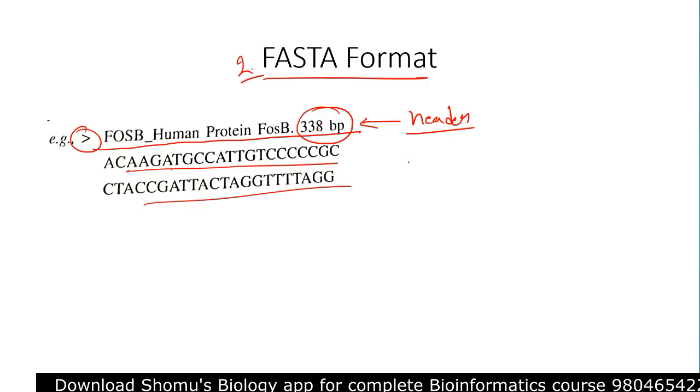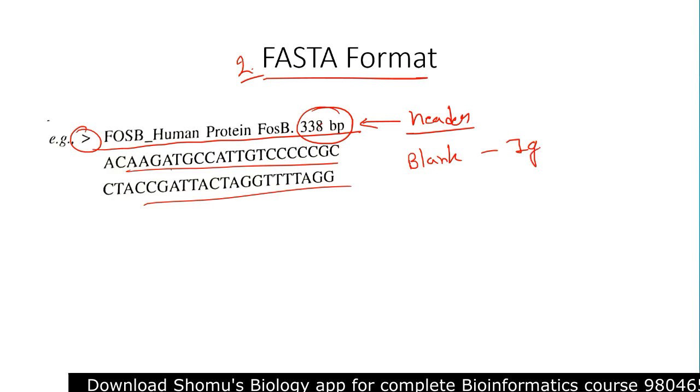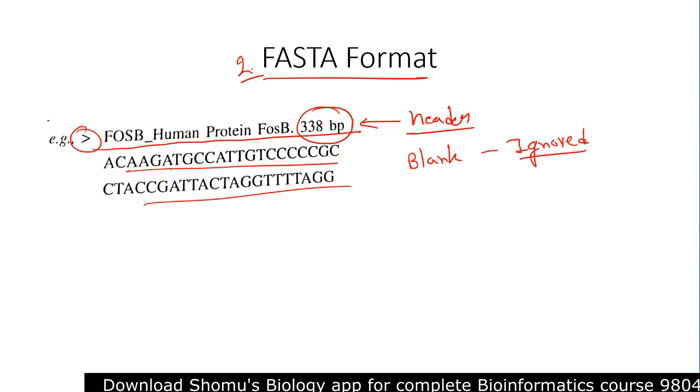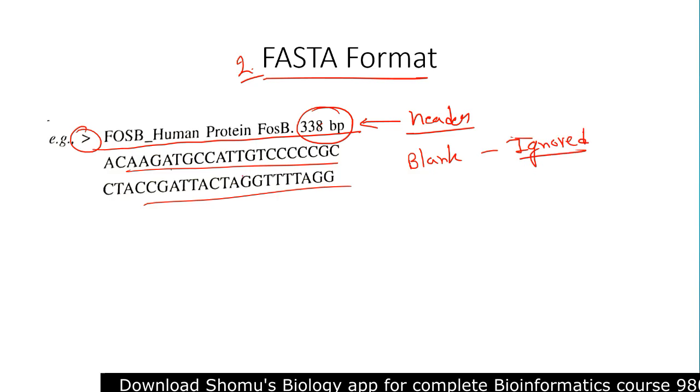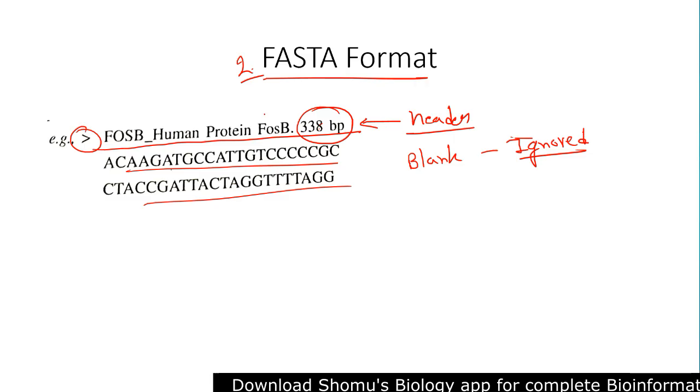Again in this case blank space is ignored, so we will not add any blank space in a FASTA format. And FASTA format is the format which is accepted for multiple sequence alignment programs. And termination of the sequence is marked with an asterisk like this, star mark like this.